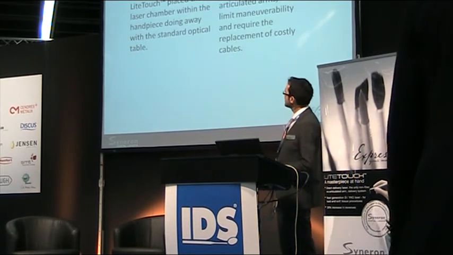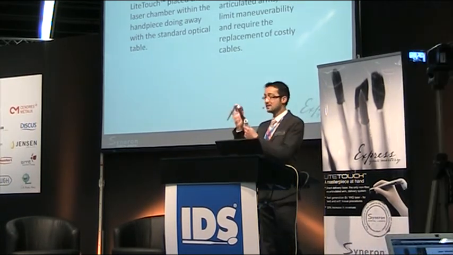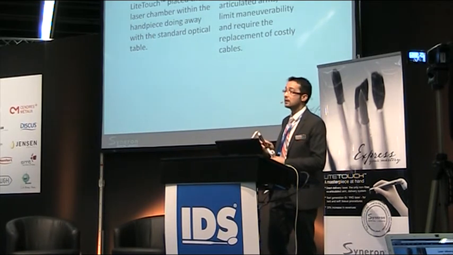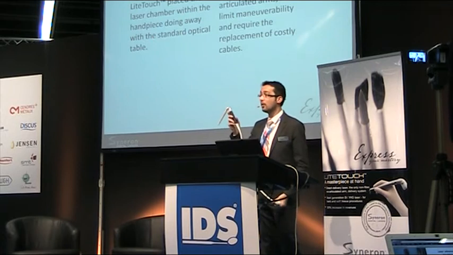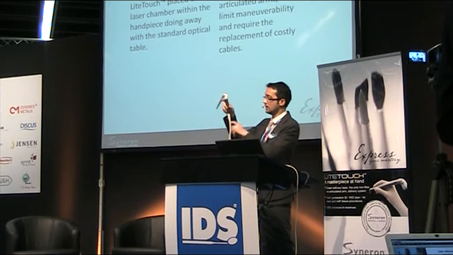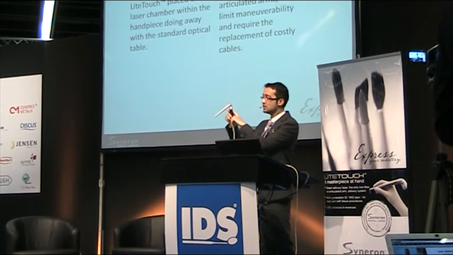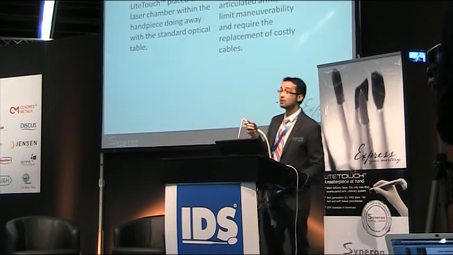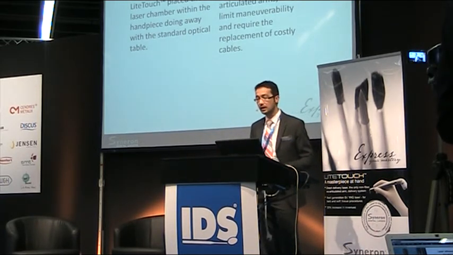And the designers of LiteTouch place the laser here. The laser is here in this chamber, and avoids the optical system. This is the delivery system for electricity and for water. The laser is placed in this chamber, and we have a system of reflecting mirrors that reflect the laser beam.